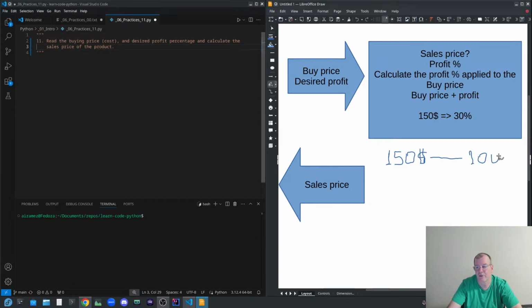So this is the 100. Forgive me about my handwriting. I'm using a trackball, and even so my handwriting is not good. So 150 is 100%. My profit in this case, what I'm looking for, I will call just P here to be easy, because in this case, profit will be 30%.